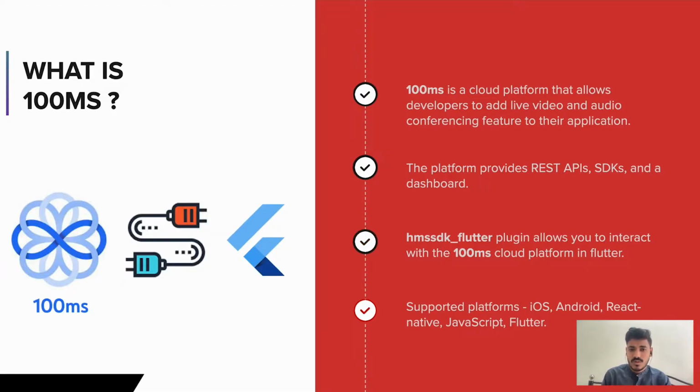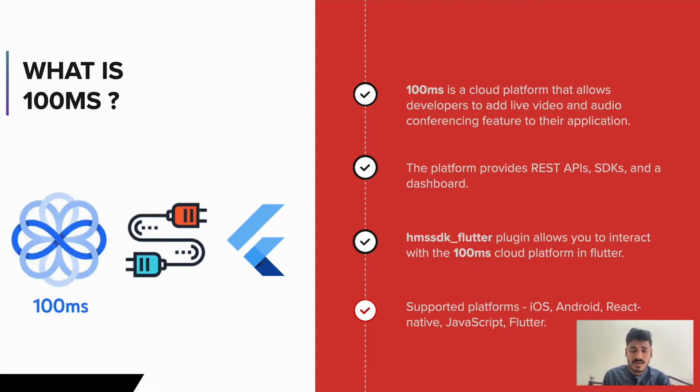Now, to interact with the 100ms cloud platform in our Flutter application, we need a plugin called HMS SDK Flutter. It allows us to interact with the 100ms cloud platform, and it also provides us the listener class. By implementing that listener class, the 100ms SDK provides callbacks to the client app about any change or update happening in the room, after a user has joined.